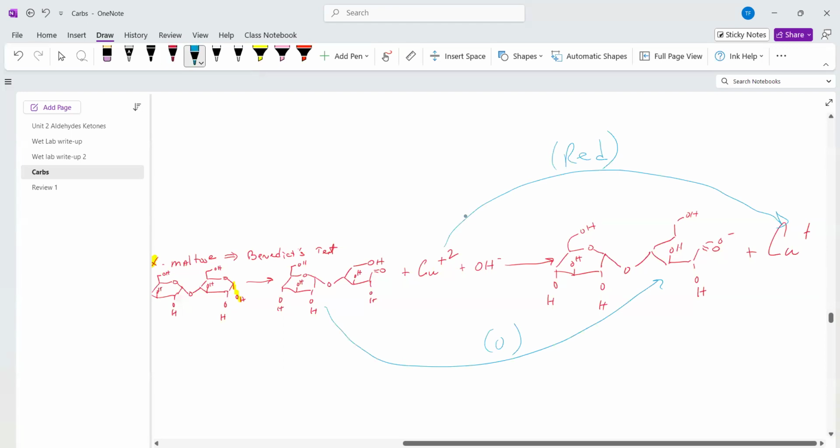The reason why this is a minus over here is because it's in a basic environment. So that's the Benedict's test, and this is what turns out to be orange in color, this here, which ends up being cuprous oxide. And this happens very fast.